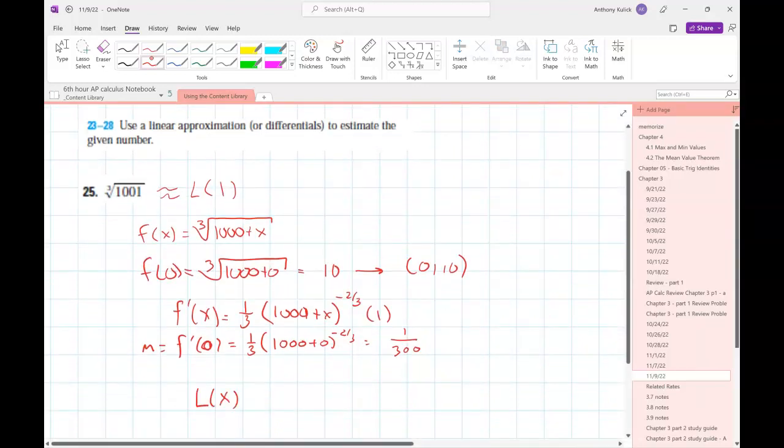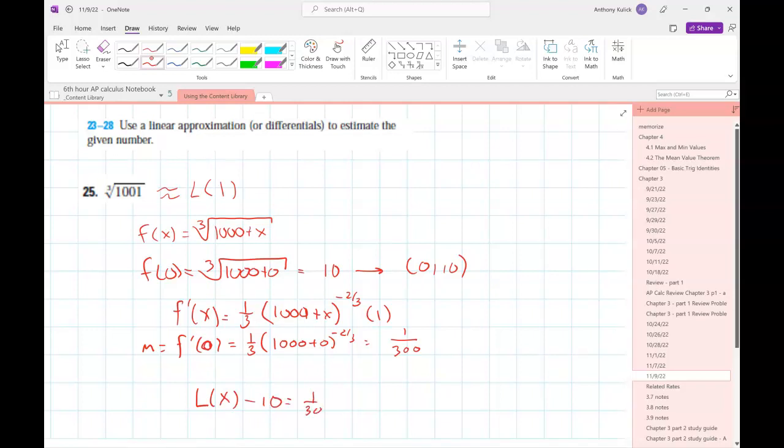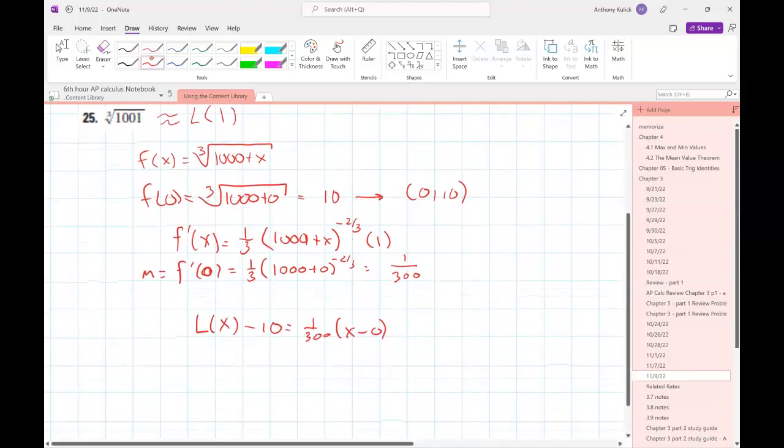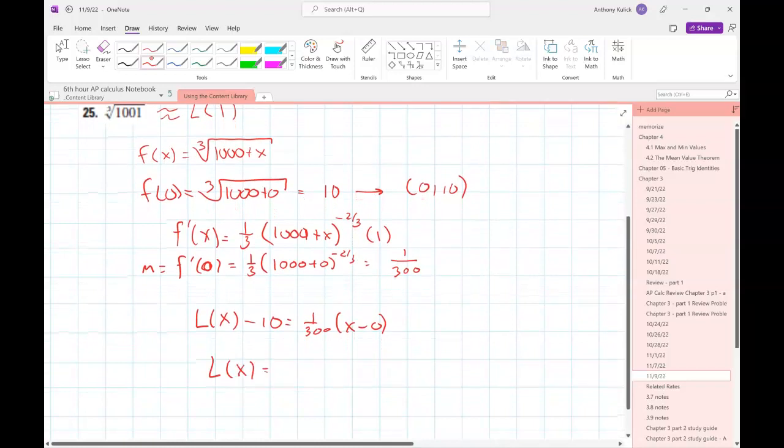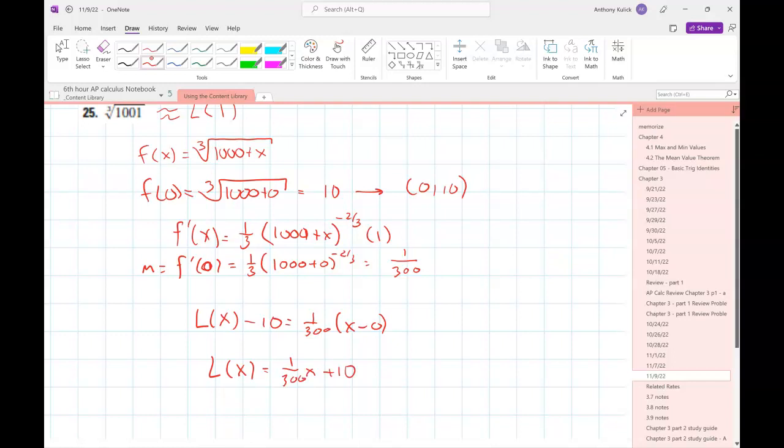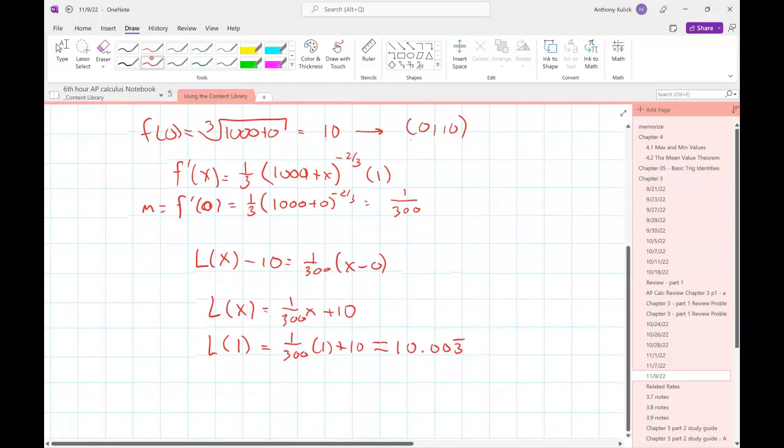So my linearization equation is going to be y minus y1 equals m times x minus x1. So there we go. And if I want 1, I'm just going to plug that in. And I think I get that when I type it into my calculator.